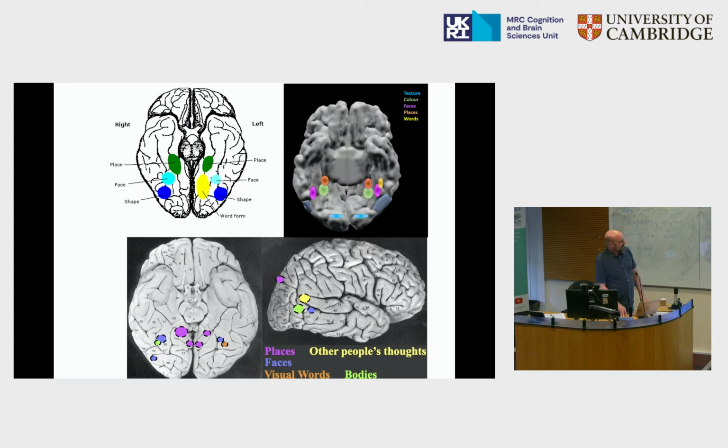And what you can see here is the general idea that there's some part in your ventral temporal lobe that responds when you're looking at a place or a face or an object or a visually presented word and so on. And if things really are organized like this in the brain, it's great because that means we can interpret what a given brain area is doing without having to take into account what the whole rest of the brain is doing. Right? We can look at one area at a time, one voxel at a time. That makes the statistics very simple.